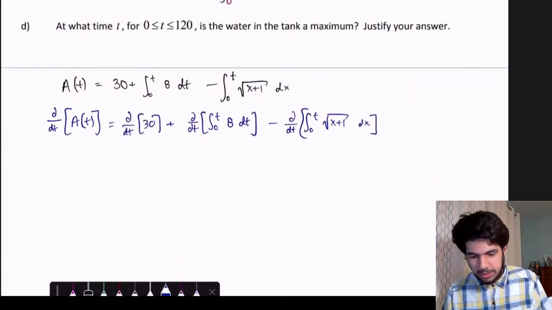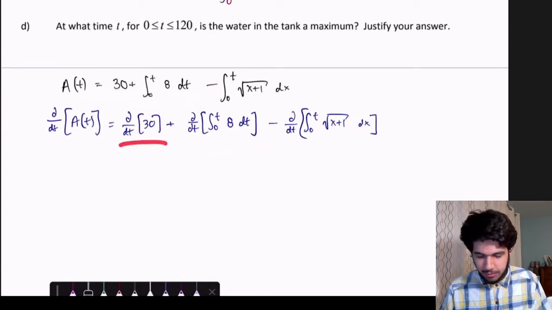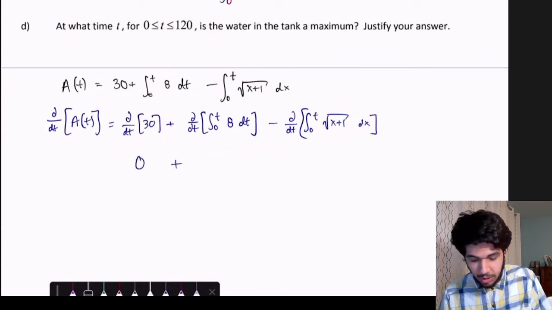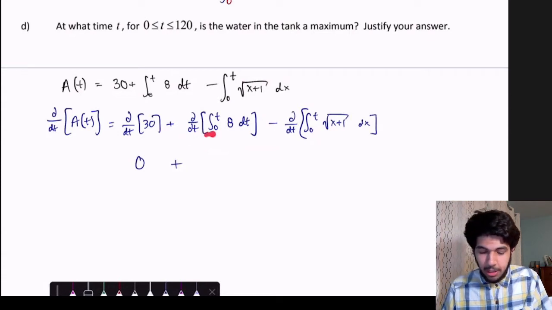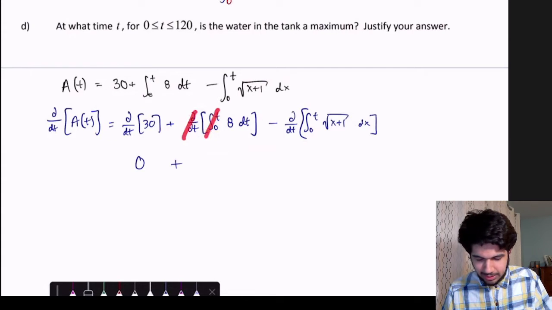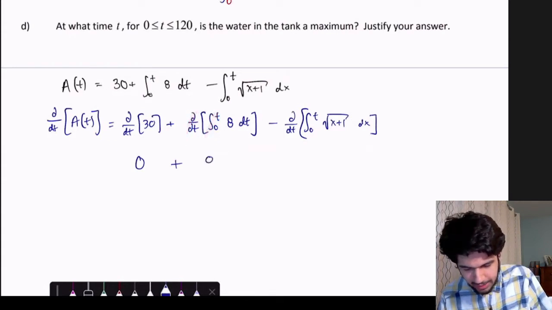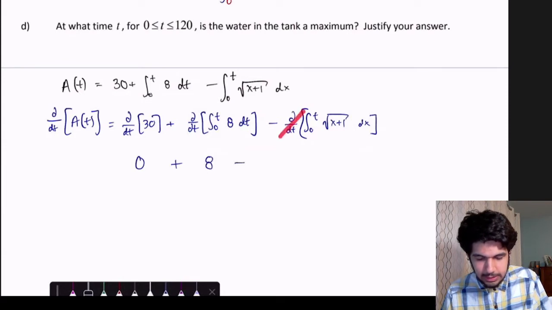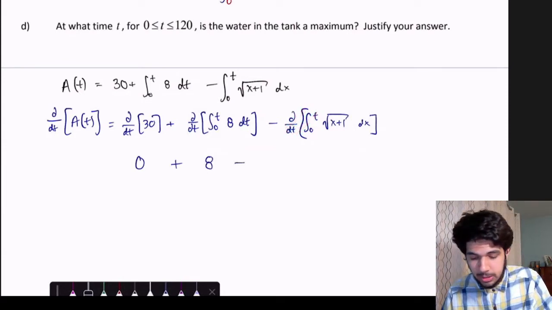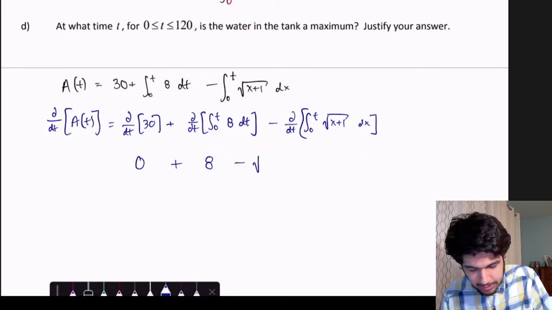Okay, so now we can solve for this. The derivative of a constant is 0. Here, we're taking the derivative of an integral with respect to t, so those sort of cancel each other out, and we're left with an 8. And here, similar thing, this d dt and the integral with respect to t cancel out, so this would be minus the square root of x plus 1.